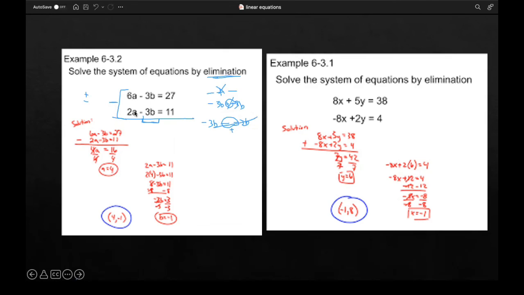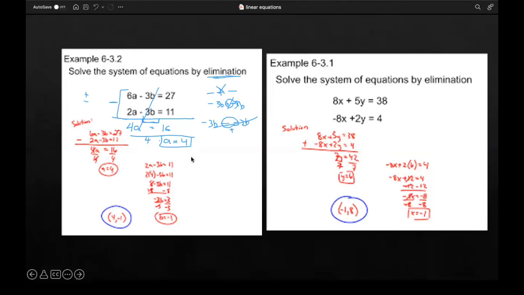So we subtract. So 6a minus 2a, we get 4a. And those two cancel out. And so 27 minus 11, that's 16. Divide by 4, and so a equals 4. I need to solve for b, and simply you take one of the equations and you substitute.